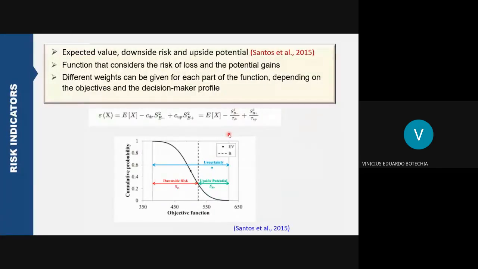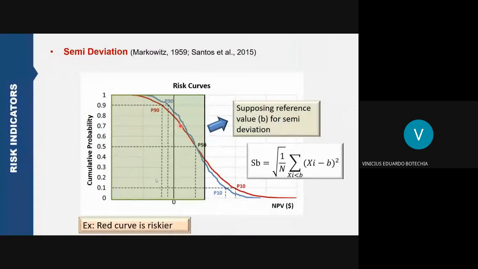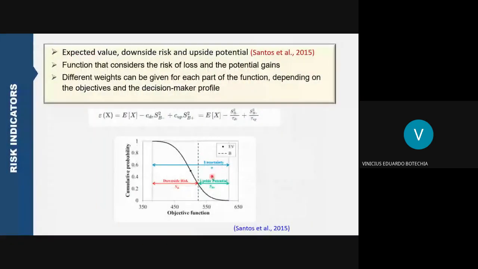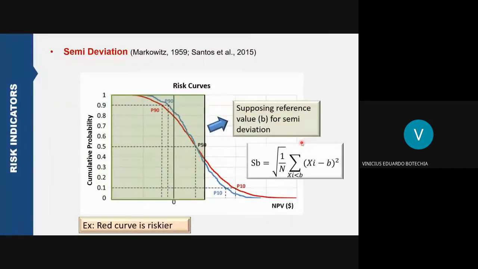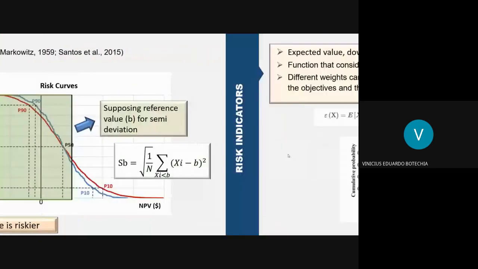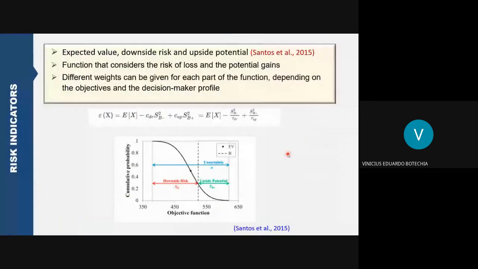And Susan developed an indicator that's a multi-objective indicator that combines both parts of the curves, right? So you have uncertainty, you have to penalize the downside risk, and you can also weight the upside potential, this part here that we call upside potential, the potential of gains that our strategy or our project option can achieve, right?